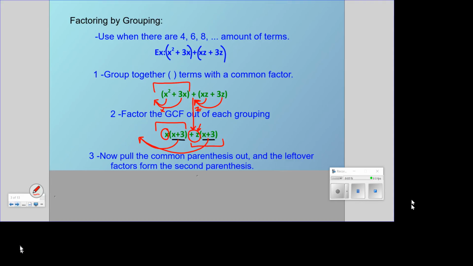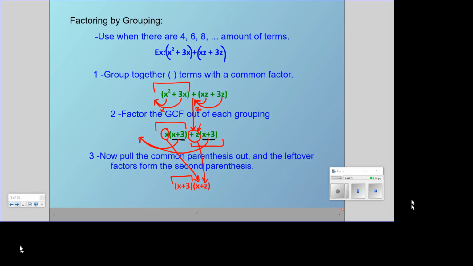So we can pull out that common GCF that both x and z are being multiplied by, and make the x plus 3 one of the binomials in our answer, and then combine the x and the plus z to make the other binomial in the factored version of the polynomial we started with.